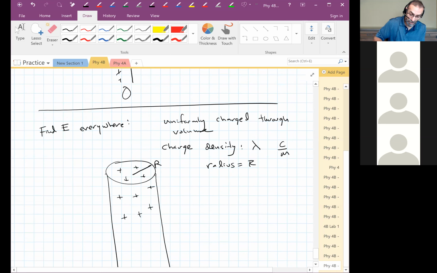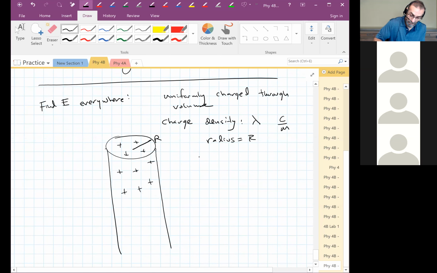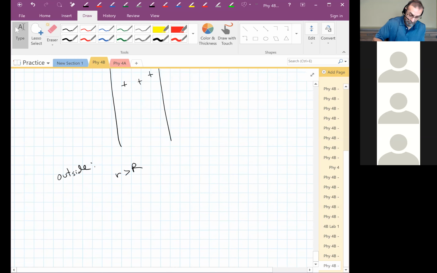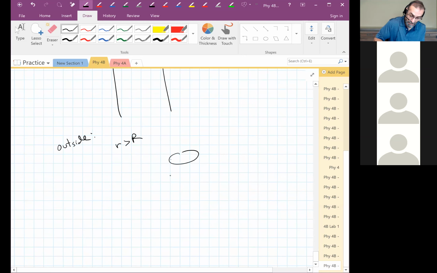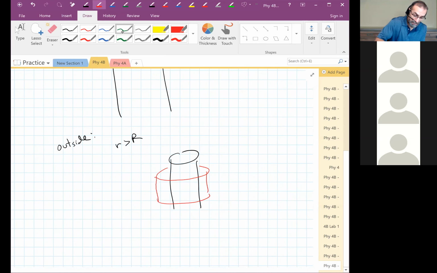This is an infinitely long cylinder. So we draw a Gaussian surface around the whole thing. Our electric field is doing something like this, right?